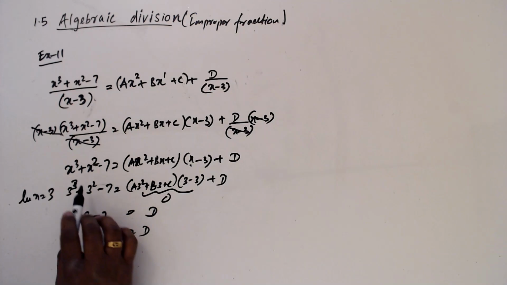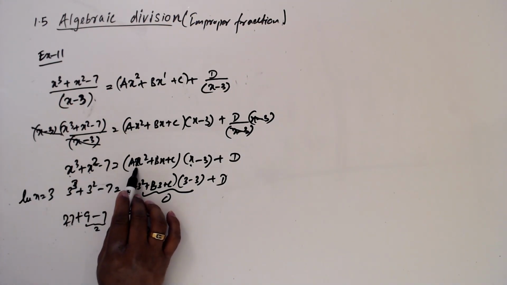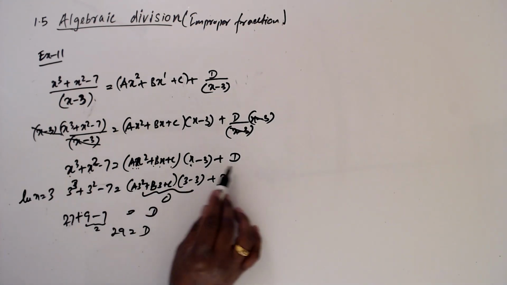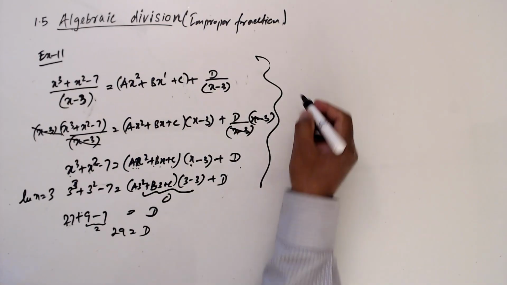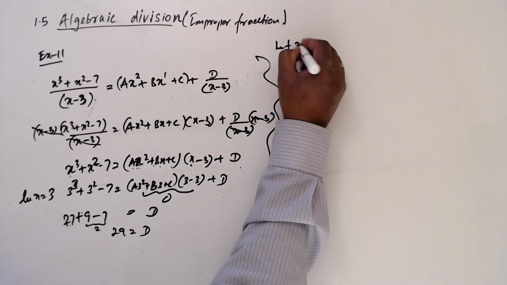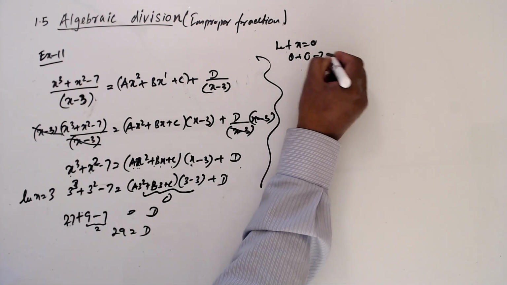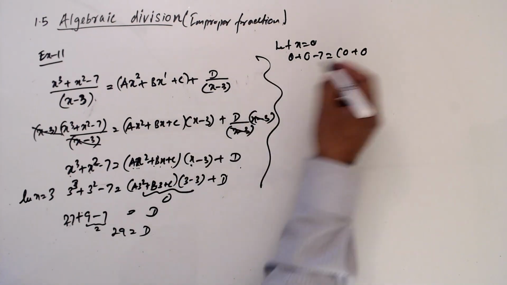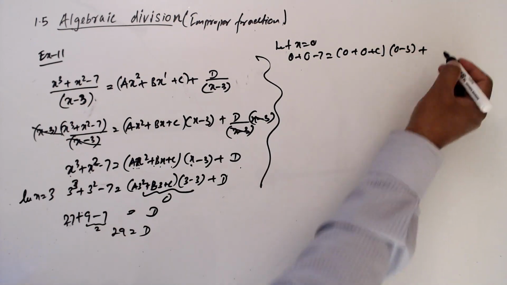Now I can see that if I put x equal 0, a times 0 is 0, b times 0 is 0, only c is remaining. And d I know already, then I can find c. So let x equal 0, then 0 plus 0 minus 7 equals 0 plus 0 plus c times 0 minus 3 plus d.